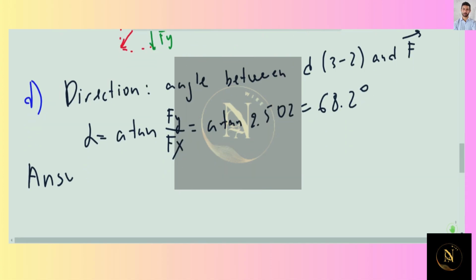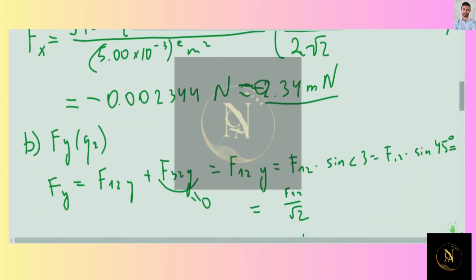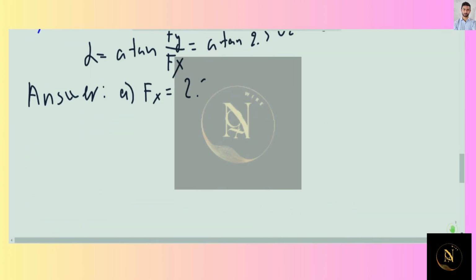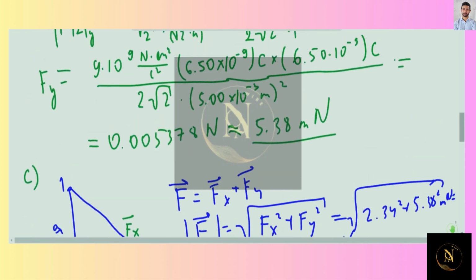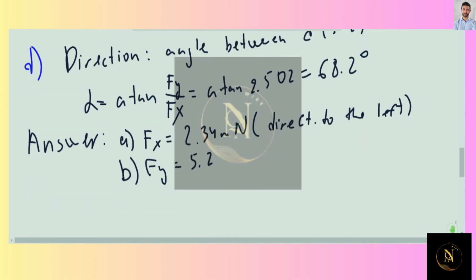Okay, let's summarize our answer. The x component is 2.34 millinewtons, and it's directed to the left. Fy equals 5.38 millinewtons, and it's directed to the bottom.